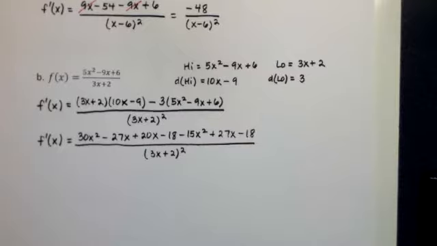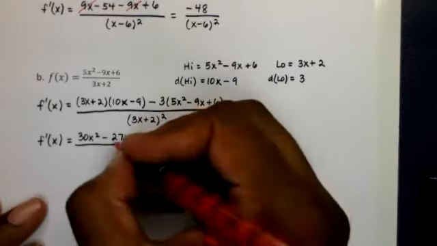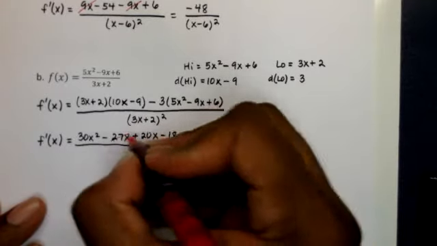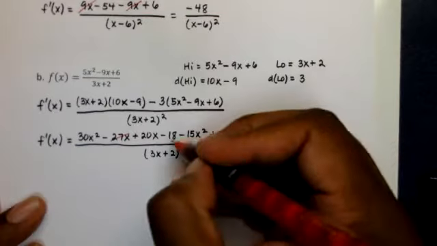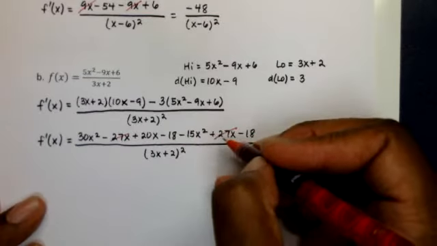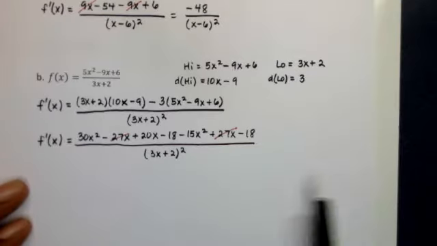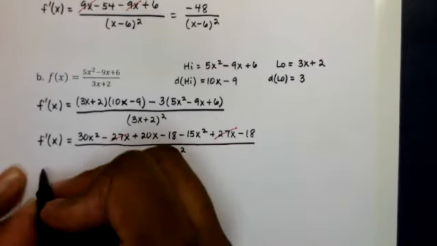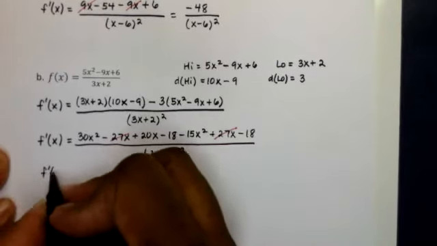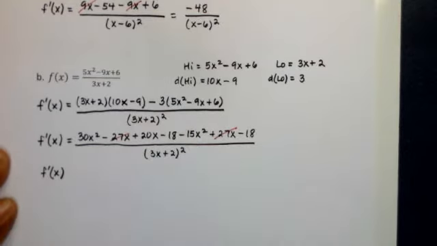All right, let's see if we can simplify this a bit. I know minus 27 and a plus 27, that's gone. I also know minus 18 and, well, that's not going to give me a 0 there. So I guess all we can do is 0 out the 27 x's.